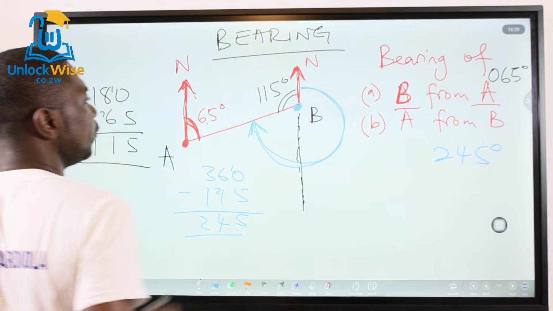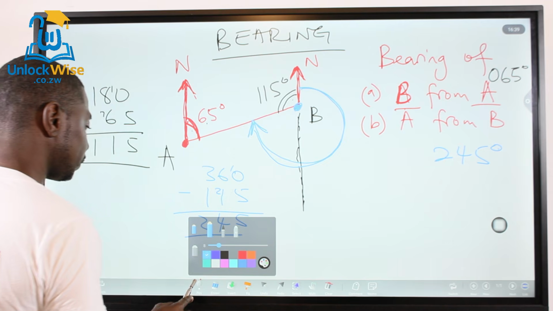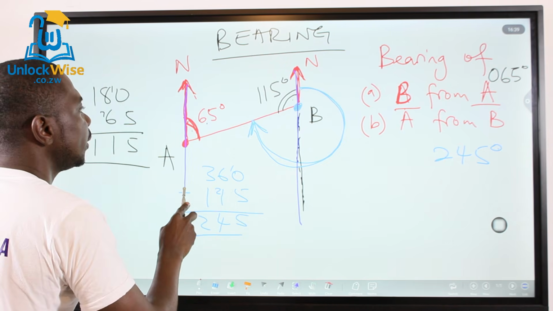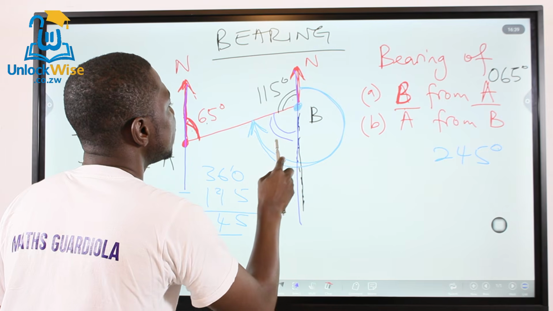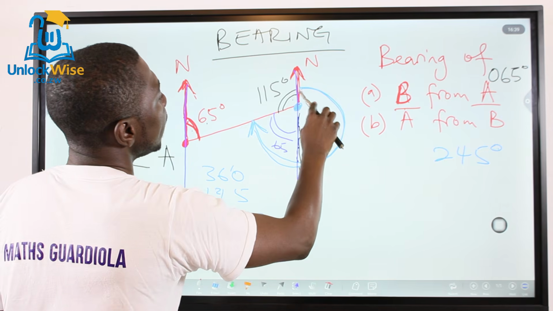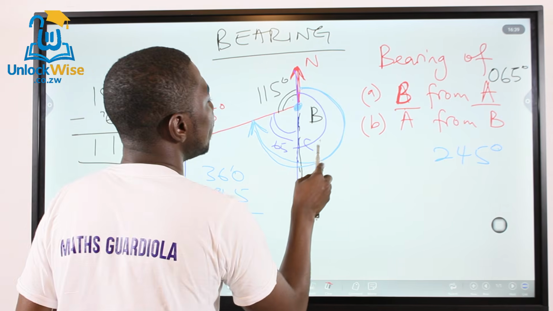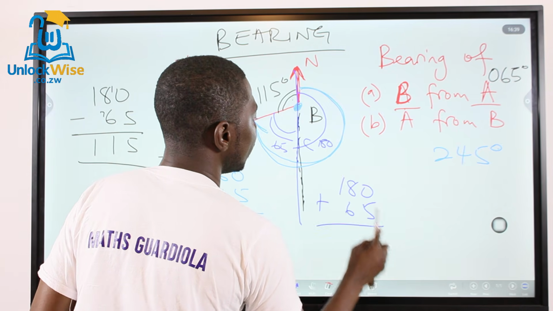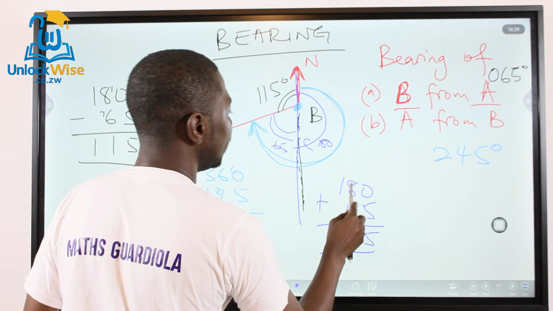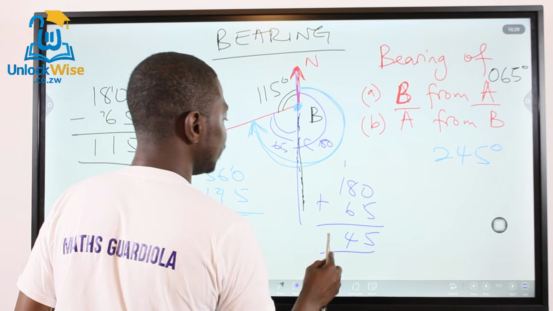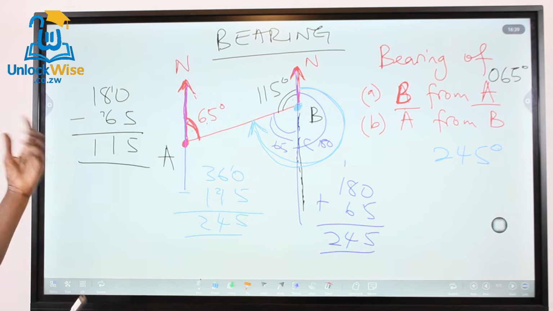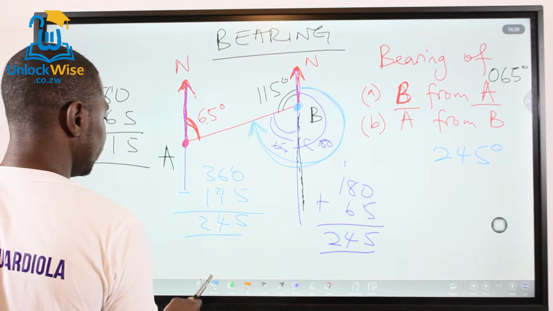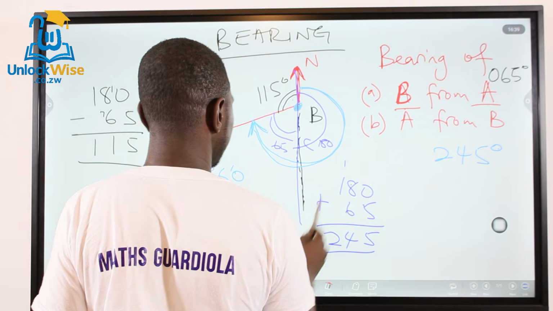Or you can even say, if this one is parallel to this one, it now means that this part is 65 degrees. And a straight line is 180 degrees, by the way. So 180 plus 65, we get 245, like this one, no problem, right? So that's how we calculate our bearing, right?